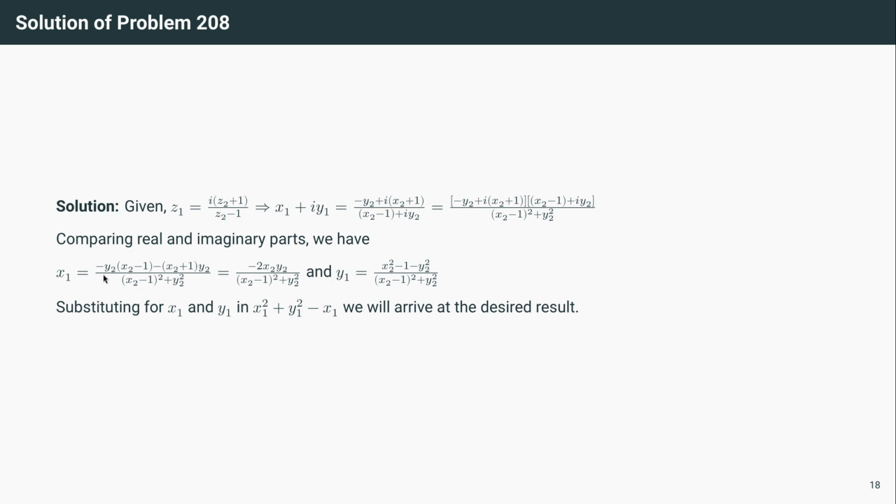So we have x1 equal to (-y2(x2 - 1) - (x2 + 1)y2) divided by the same denominator, which equals -2x2y2 divided by the denominator, and y1 would be (x2² - 1 - y2²)/((x2 - 1)² + y2²). Now we substitute this x1 and y1 into x1² + y1² - x1, and we will have the desired result.